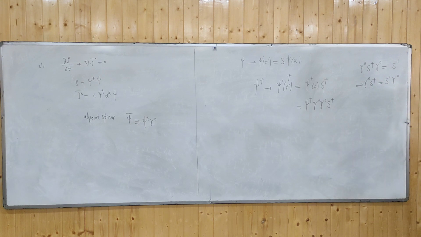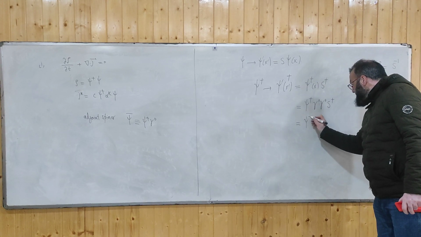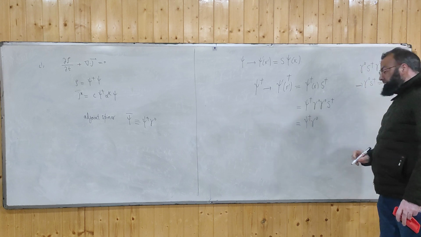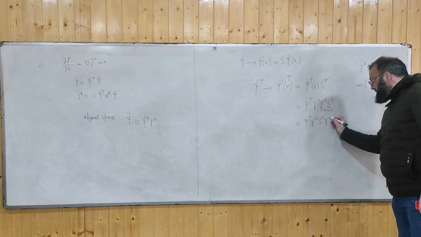Is it true? So I'll get psi dagger gamma 0 this way. What is this object? It is S inverse gamma 0.